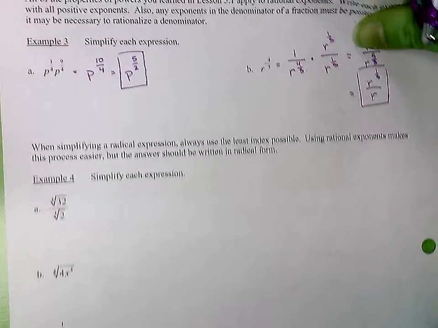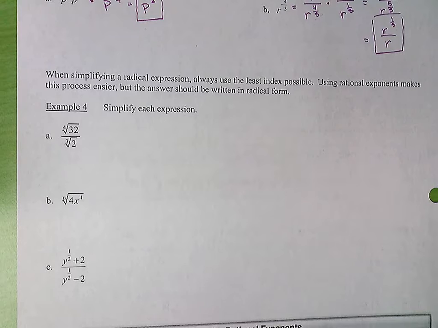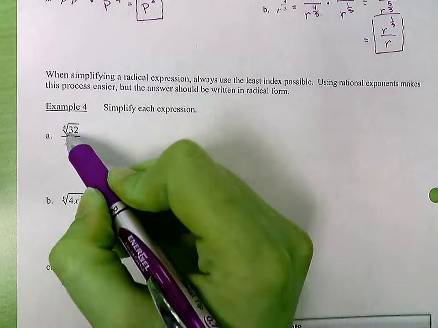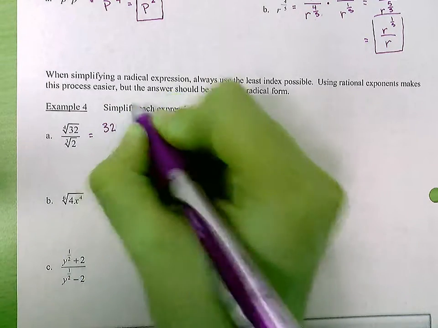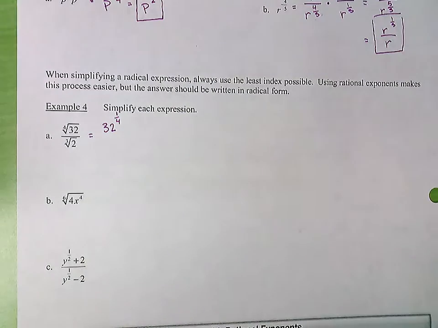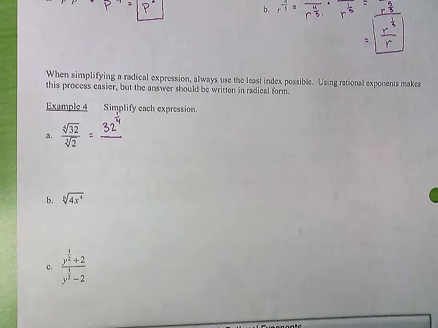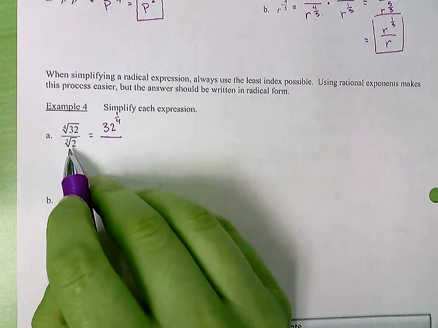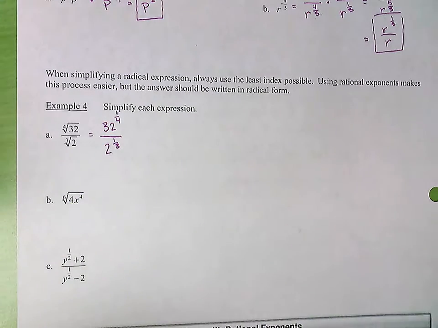So I'm going to change each of these radicals into rational exponents, just like we did on the front. If I have the 4th root of 32, I could change this to 32 to the 1/4 power. That would be over, since this is a cube root, 2 to the 1/3 power.